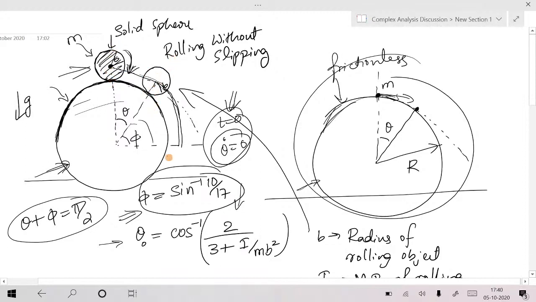If you solve the problem, we solve for that normal reaction force only. We equate that normal reaction force to 0 to find when it will leave the surface. When this normal reaction is 0, there will be no attachment of this object on this surface.